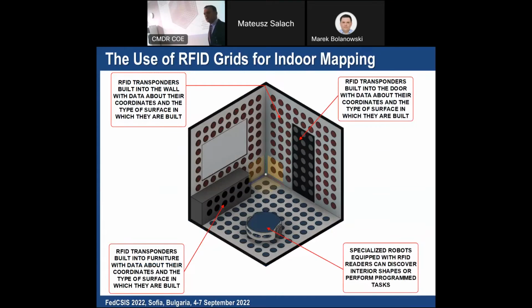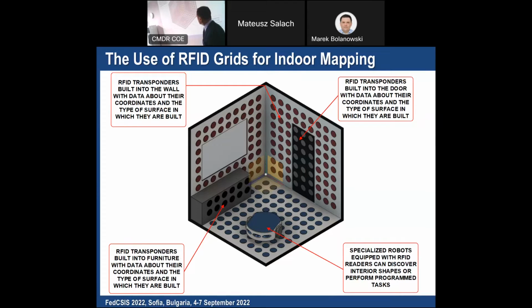So let's consider an indoor space, like a room or a production hall, and the floor, as well as walls of the room, is covered with the transponders. The transponders create a grid, like you may see here.